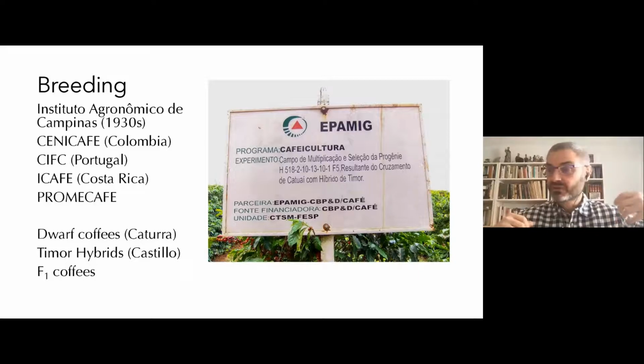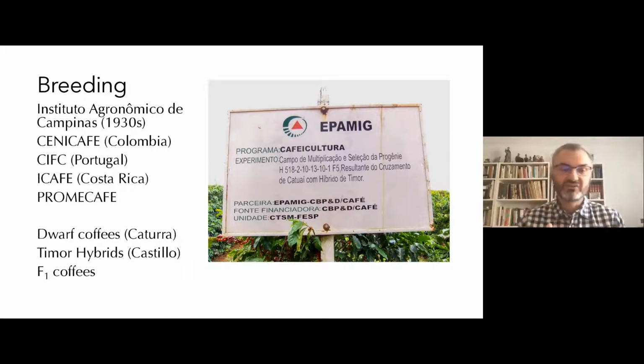And so one of the things that the rust helps create, or accelerate, is this institutionalization of innovation in agricultural research. And some of the things that come out that shape the discourse of the rust, first of all, are the dwarf coffees, which are susceptible, but which can be used in conjunction with chemicals and still be productive.